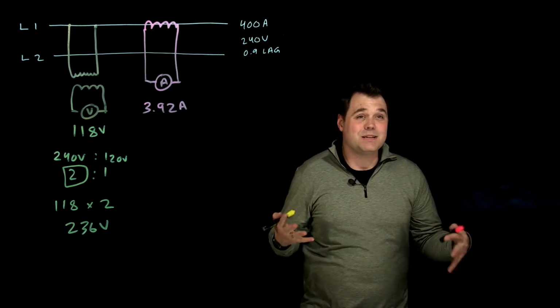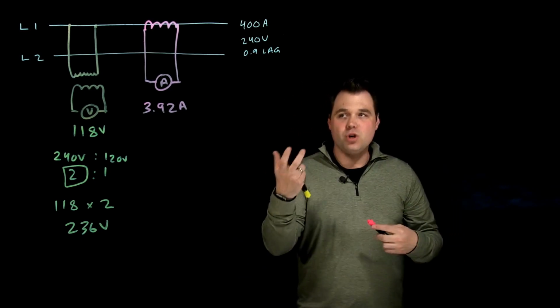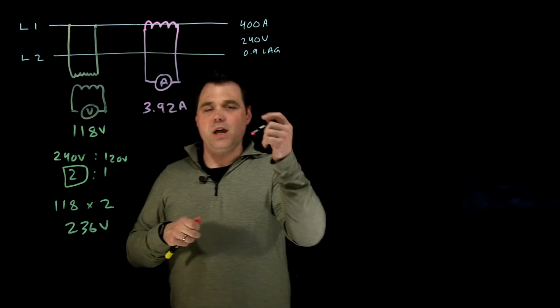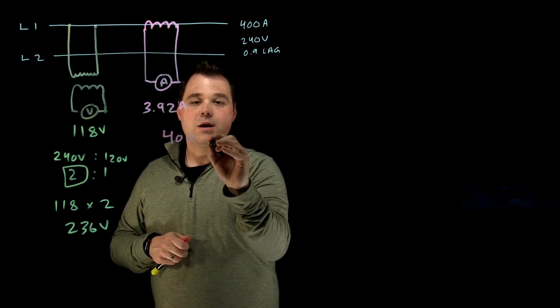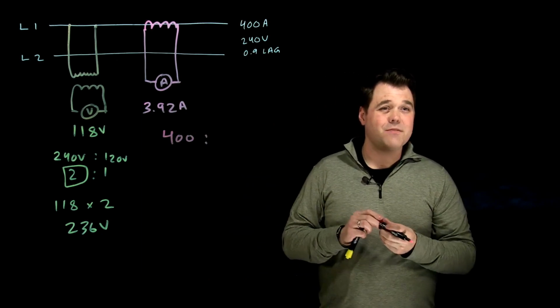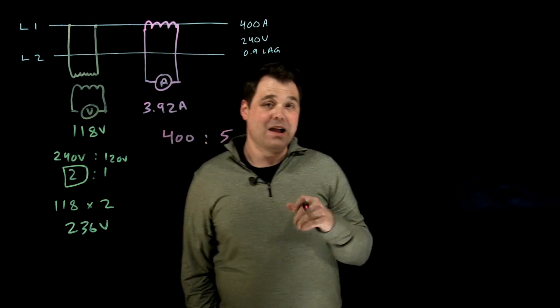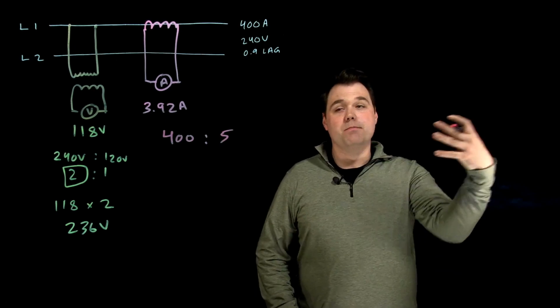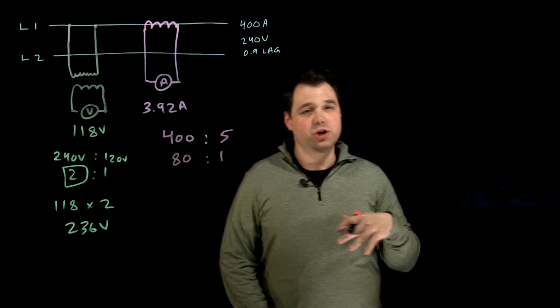I do the exact same thing with my CT, my current transformer. So we would say here, okay, 400 amps. Now, current transformers have a 5 amp rated secondary. So 400 to 5 would be that ratio, which we can break down to an 80 to 1 ratio.